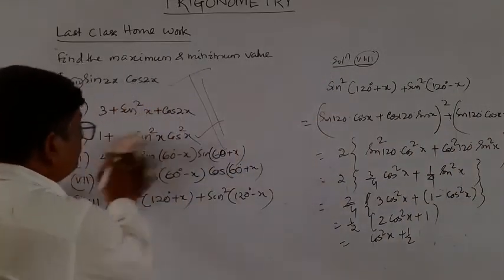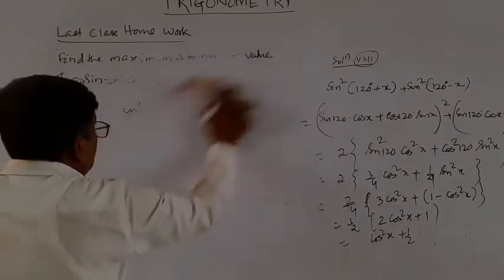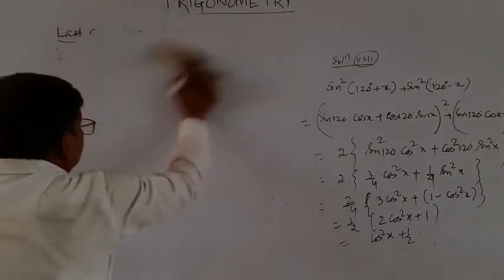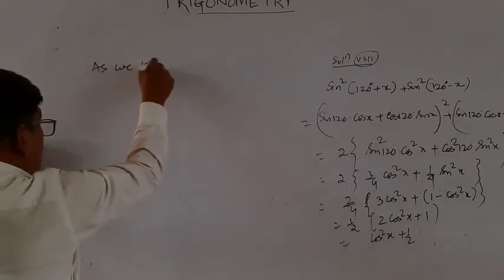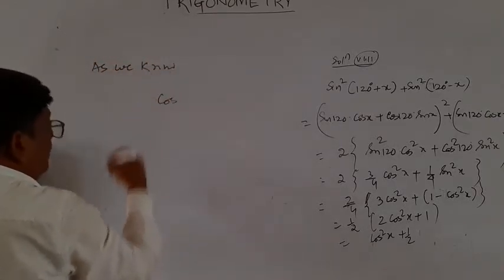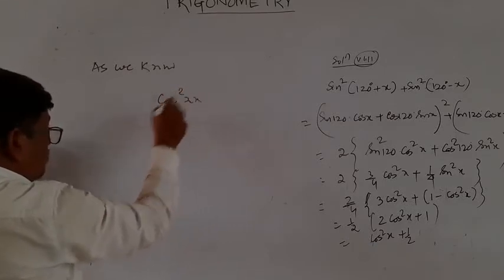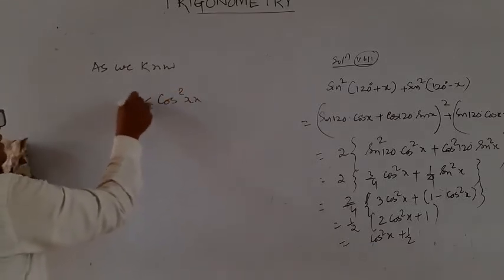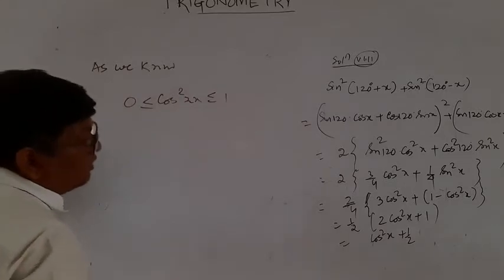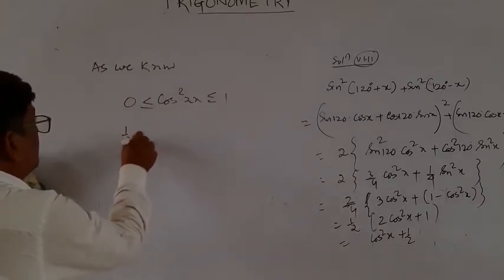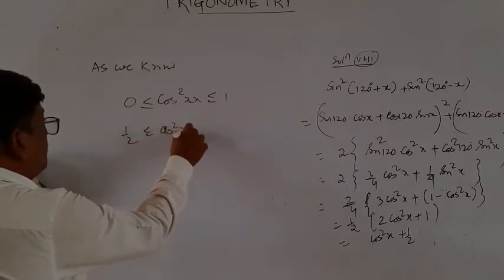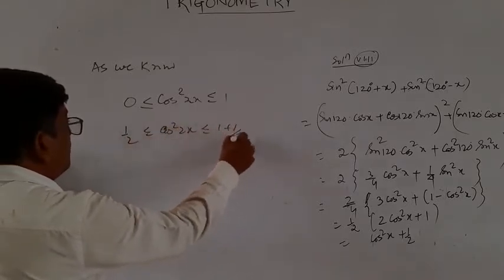As we know, any even power of any angle, cos square 2x, cos square 3x, etc., lies between 0 to 1. Here half is required, so add half, that is 1 by 2 [cos square 2x plus 1] plus 1 by 2.